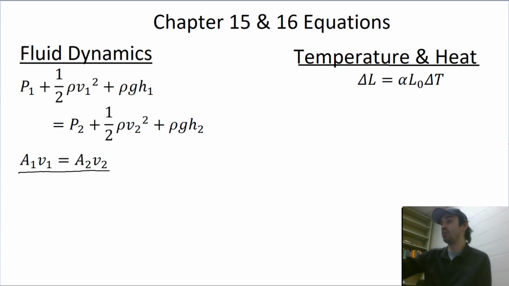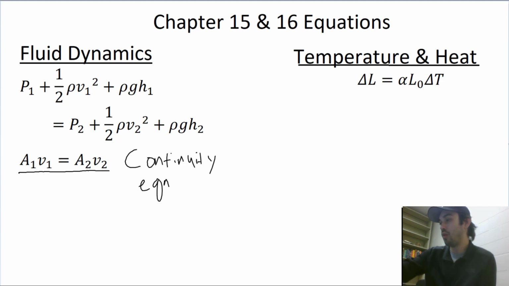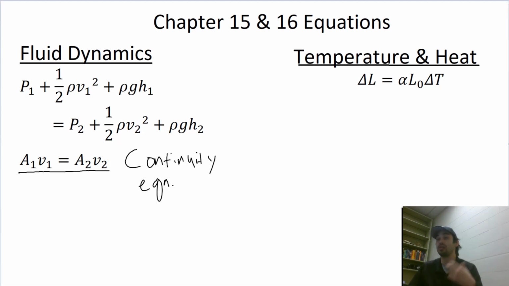Now, this is what's called the continuity equation for fluids. And what it says is that the volume per second that flows through a pipe is constant. You can change what the area is, and that's in turn going to change what the velocity of the fluid is.